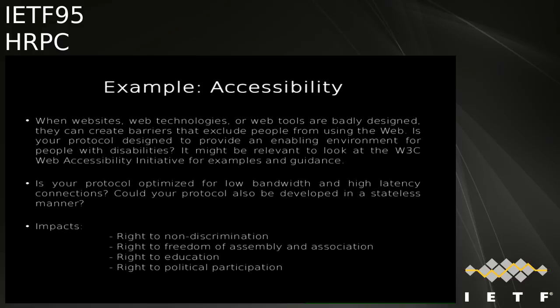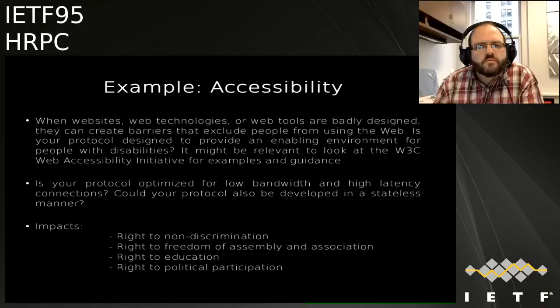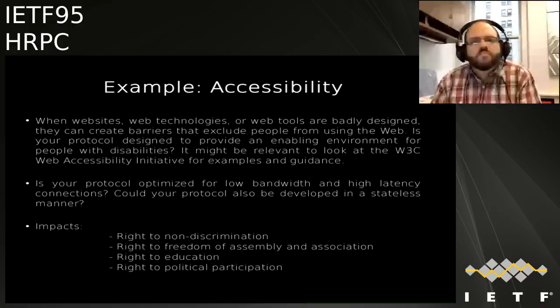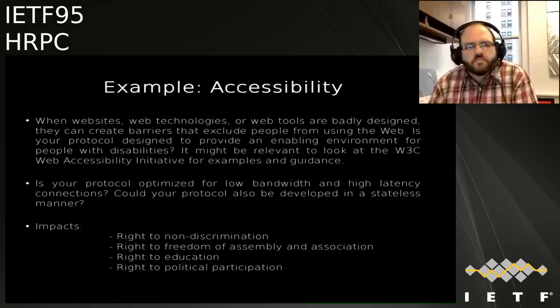So an example of this that you can see in the draft as well is, for instance, accessibility. Sometimes you can create certain barriers for people to use the web. Now, the questions you can ask yourself when it comes to this: is your protocol designed to provide an enabling environment for people with disabilities? And then, for instance, you could look at some of the references here from the W3C.